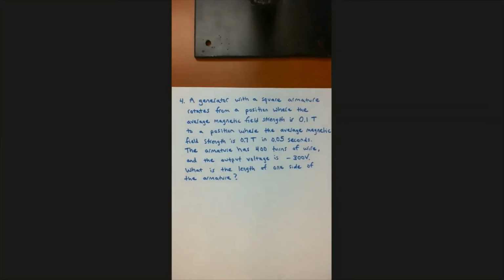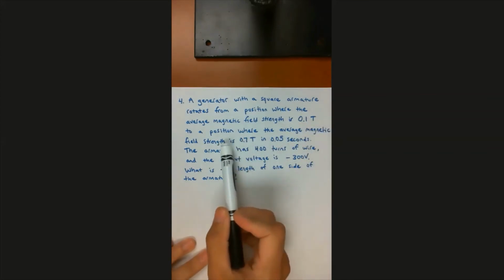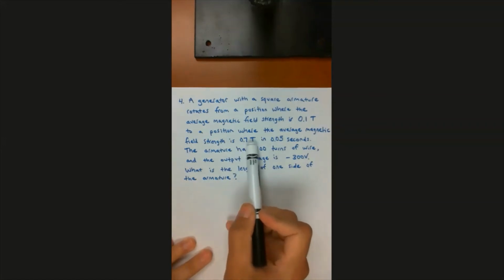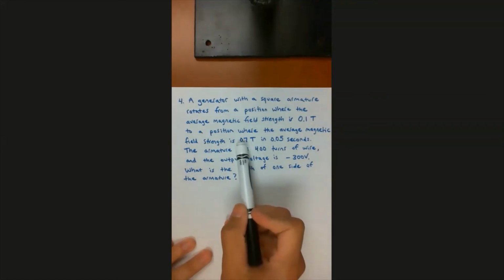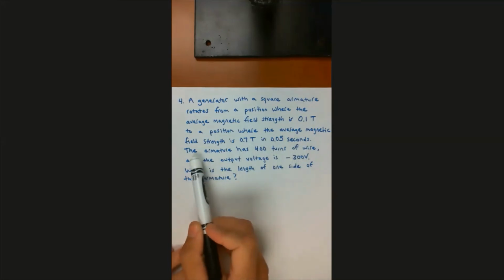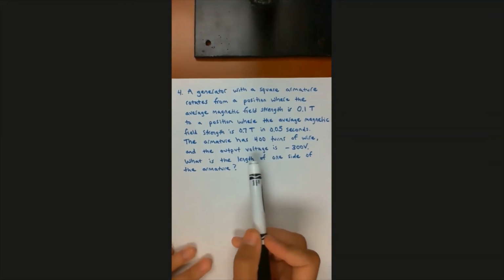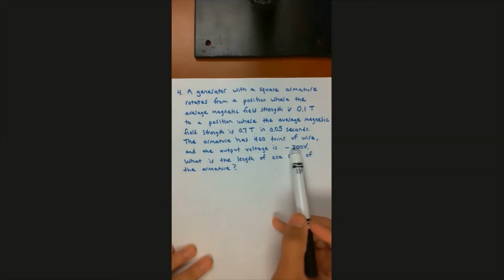We have a generator, we have a square armature, that's going to be important, and it's rotating from a position where this is the initial magnetic field strength, so that's B1, to this point where we have this average magnetic field strength, so that's B2, in this amount of time, so that's delta T, and it says we have 400 turns of wire, so that's going to be N, and it gives us the output voltage, so that's going to be E induced.